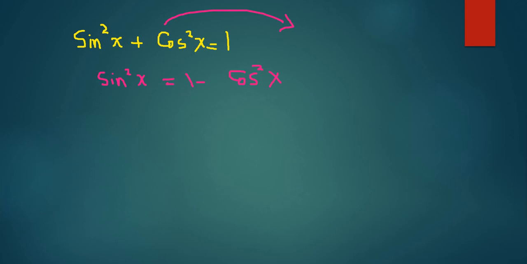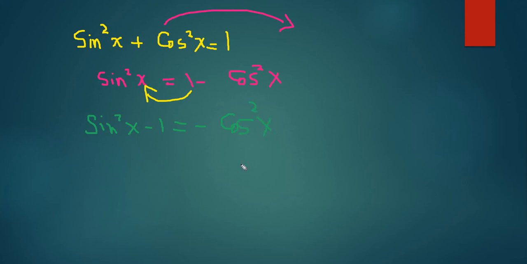But if we move 1 to the left hand side, we get sine power 2x minus 1 equals negative cosine power 2x.